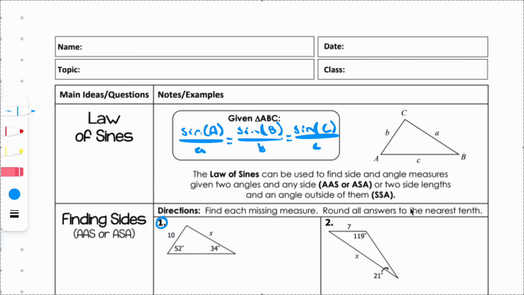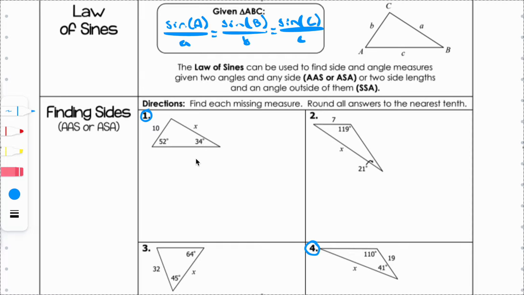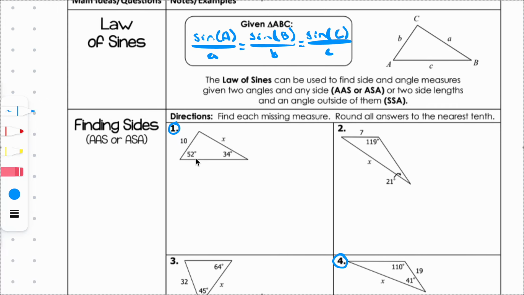Okay, so let's start and try to just apply this. Sorry, it's kind of early in the morning. Okay, so we have this triangle. You know what? For this first one, I'm going to label it.